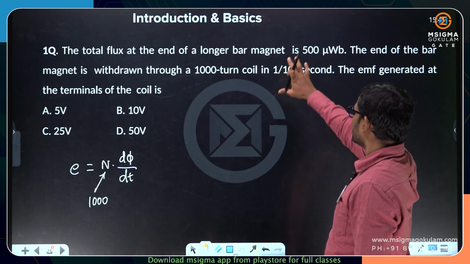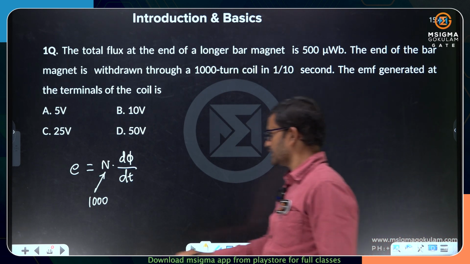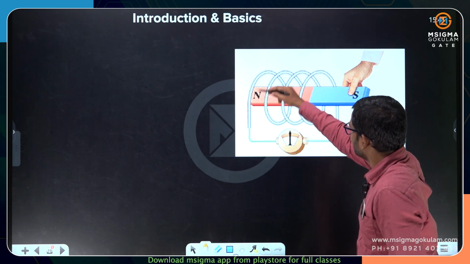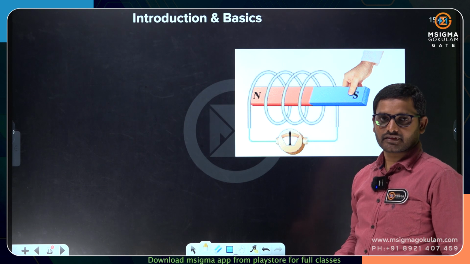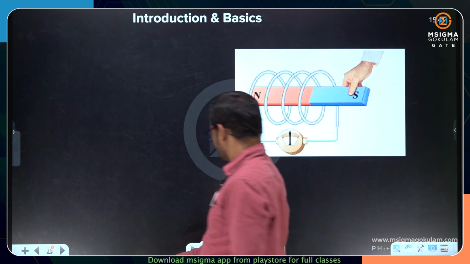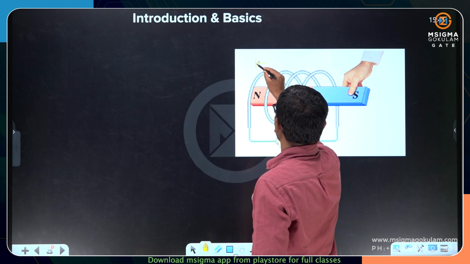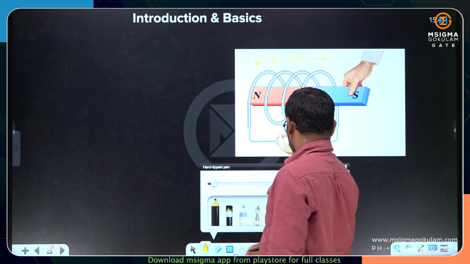According to this data, the diagram will look like this. A long bar magnet. You assume the number of turns as 1000 turns.